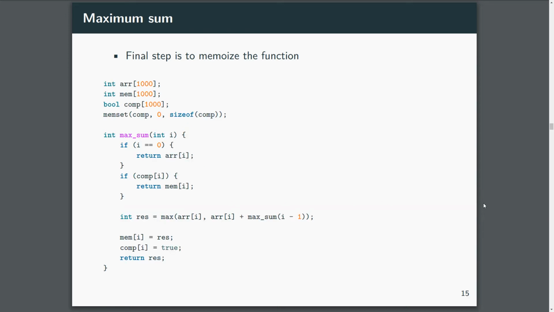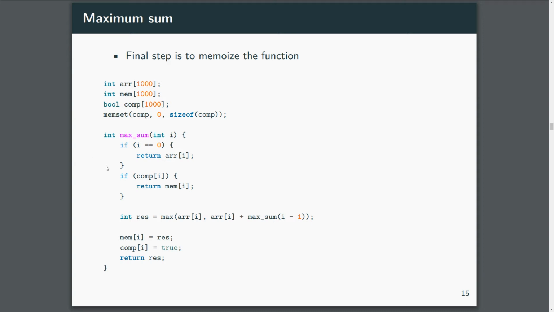Then we can add memoization. So here's another way of tracking whether you've computed a problem. Is you create a Boolean array, and here we call it comp, which just means computed, and you initialize everything to 0 there, so it's false.